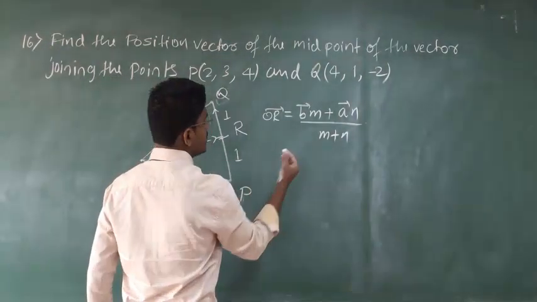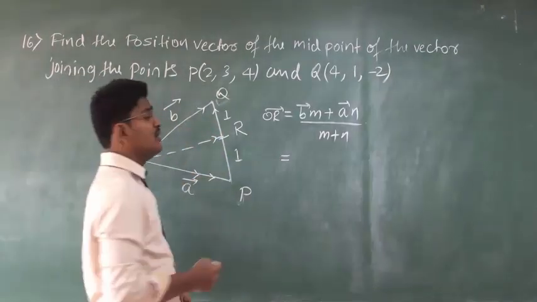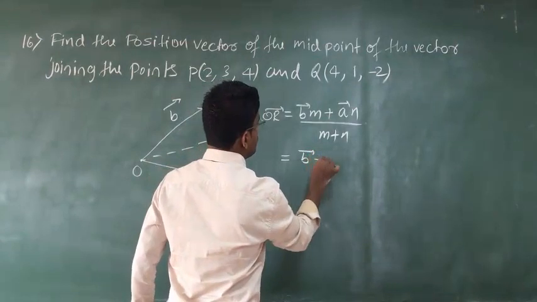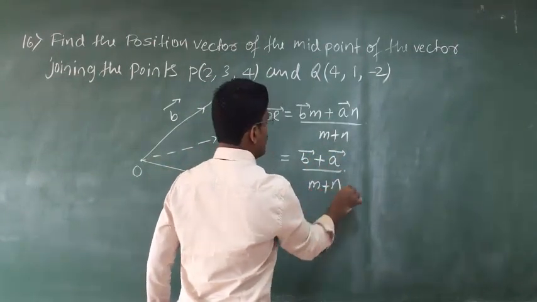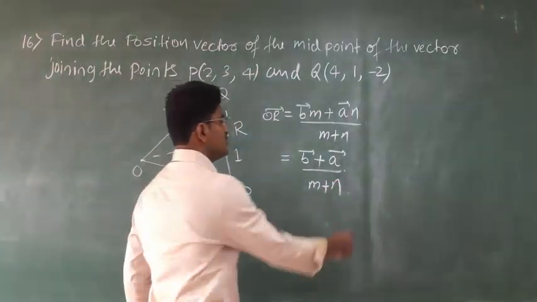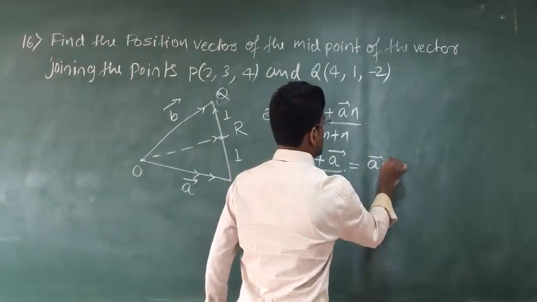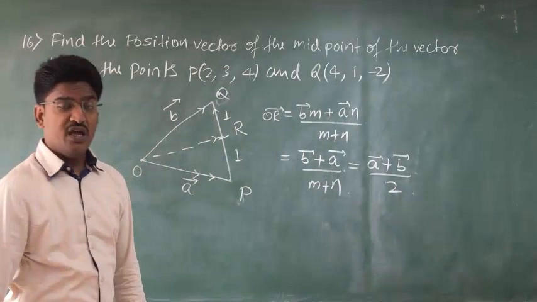So now this is going to be equal to what? M value is 1, N value is 1. So it will be vector B plus vector A divided by M plus N, M is 1, N is 1. So it will be equal to vector A plus vector B divided by 2.